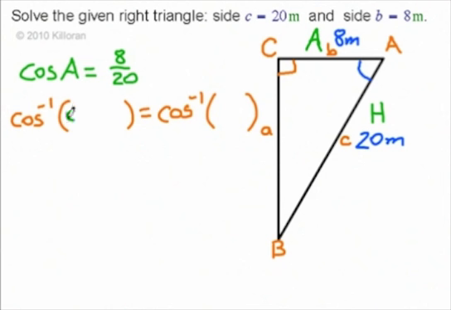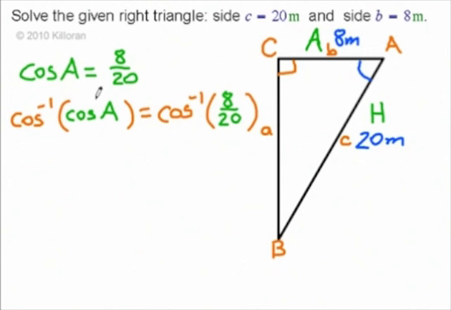So over here we're going to have cosine of A, angle A that is, and over here we're going to have 8/20ths. Just like all inverse functions, when they hit each other, this doesn't work for all angles, but in a right triangle, the cosine inverses will undo one another.